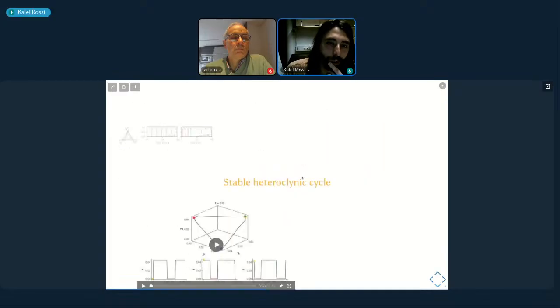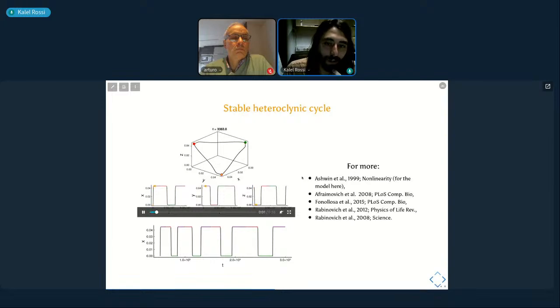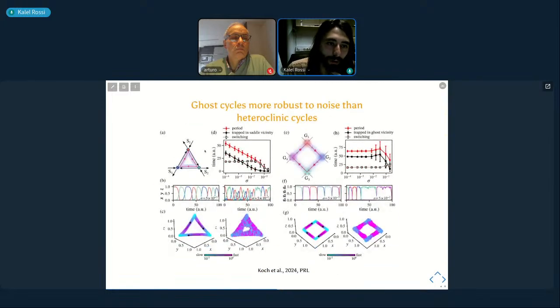It's interesting to contrast these ghost cycles with the stable heteroclinic cycles. So ghost here on the left, heteroclinic here on the right, because heteroclinic cycles are often used to explain metastable dynamics in experiments, in particular for experiments in neuroscience.